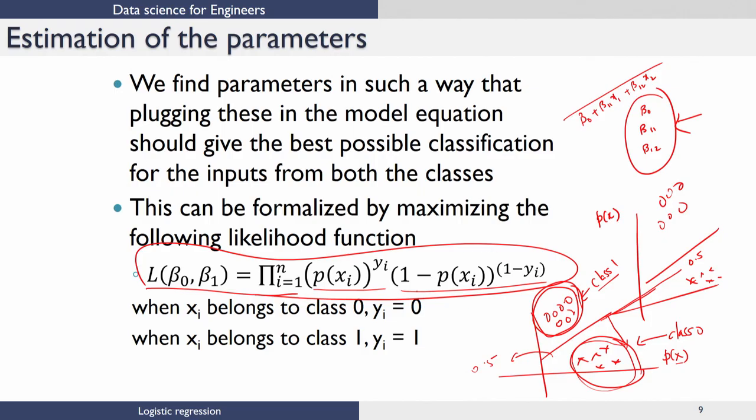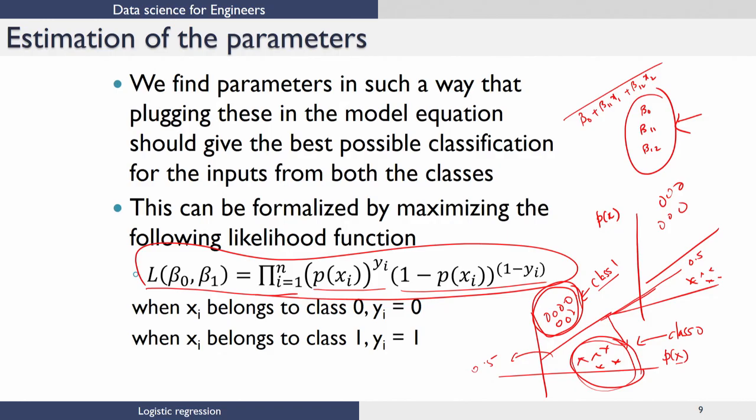So, this term will be something to the power 0, which will become 1. So, it drops out. The only thing that will remain is p of xi, since yi is 1, so power 1, you will be just left with p of xi. And since this data belongs to class 1, I want this probability to be very large. So, when I maximize this, it will be a large number.